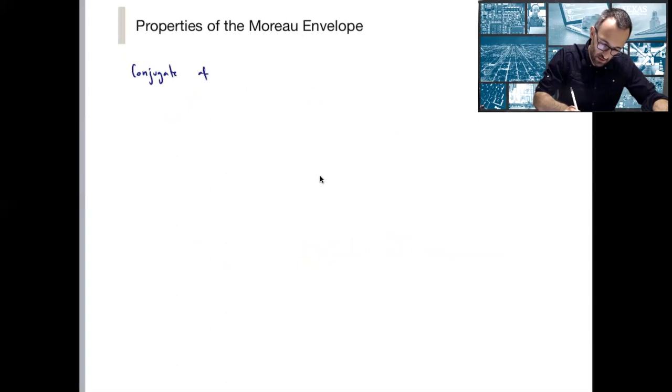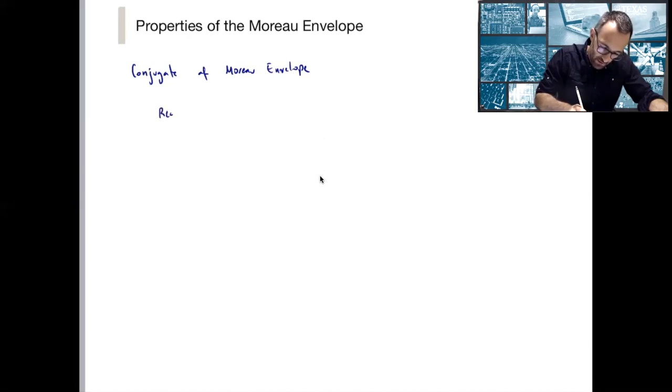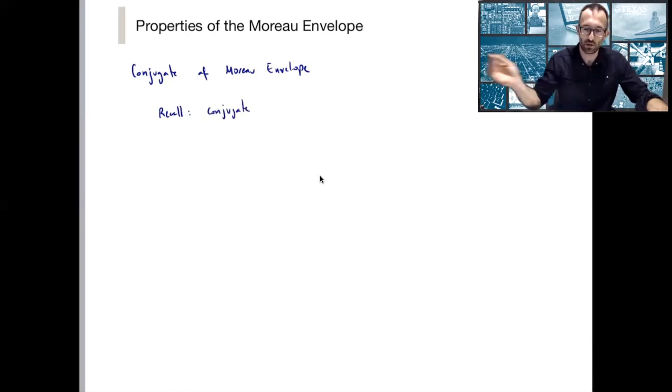Conjugate of the Moreau envelope. And remember this fact that I mentioned, and you can find this in the series on the Fenchel transform, that the conjugate maps infimal convolution to addition in the dual.